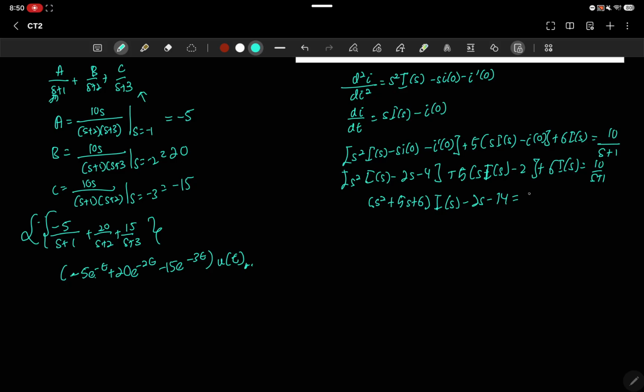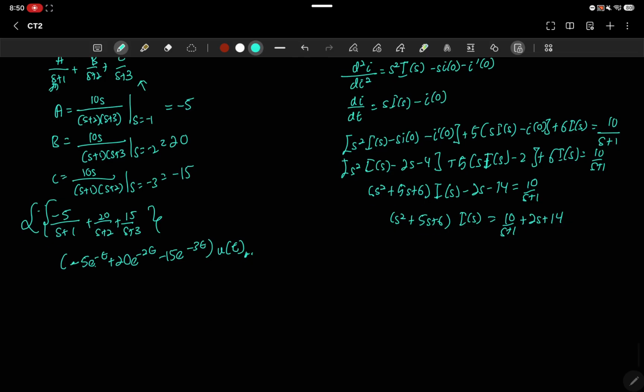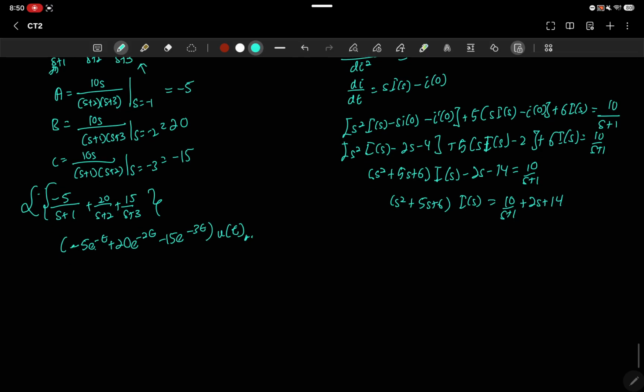Now I may skip some steps to save the time of writing this whole equation. So if you are able, or if you have the time, please do it by your own.